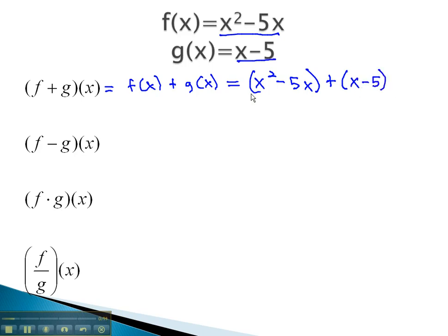Notice as we make these replacements, I put the f in parentheses and g in parentheses. These parentheses are very important depending on the operation we're doing. This problem, as we simplify, we simply have to combine like terms to get x squared minus 4x minus 5.